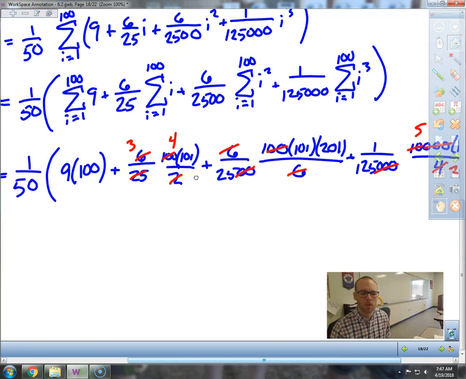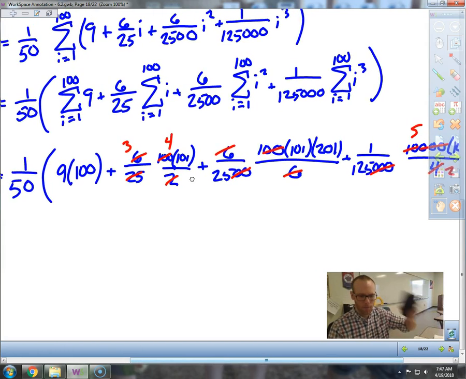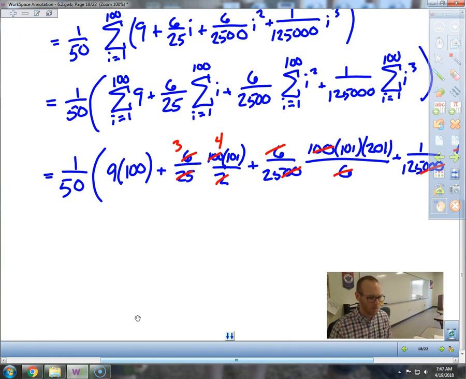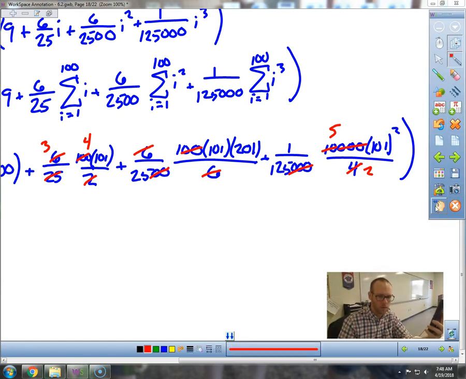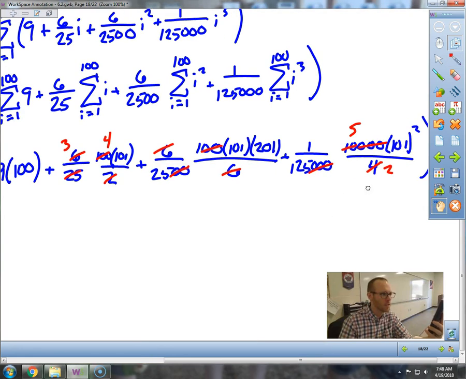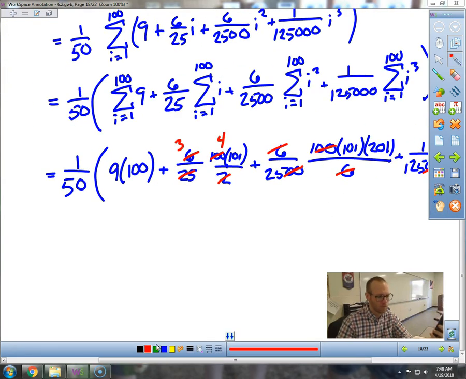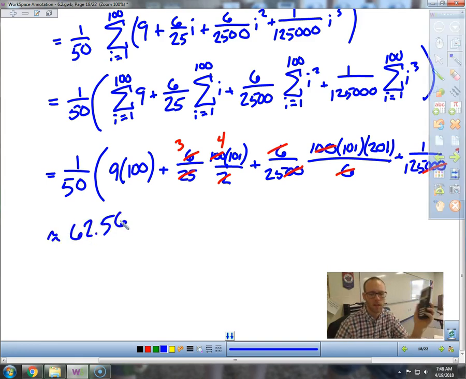Looks good. I'm just going to pause the video quickly as I grab my calculator and type this in. Pretty long string there, but I got about 62.56 for the area under the curve there.